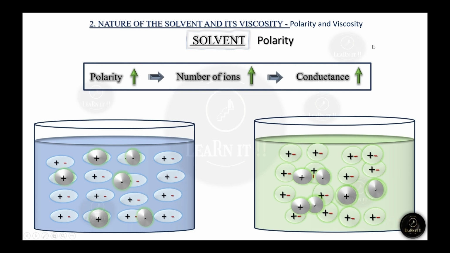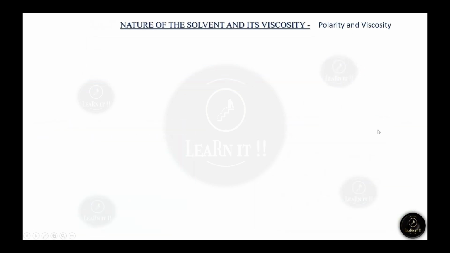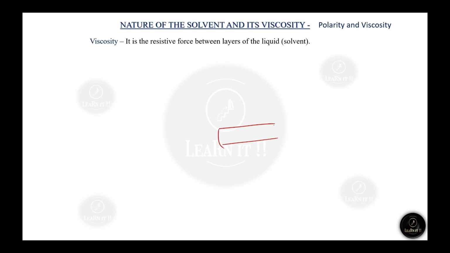Let's look at viscosity. So we need to know what is viscosity. Viscosity, it is a resistive force between the layers of the solvent. So if we consider this as a liquid and we imagine that there are many layers within the liquid, between one layer of liquid and another layer of liquid there is a friction.